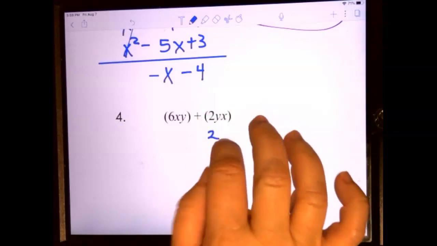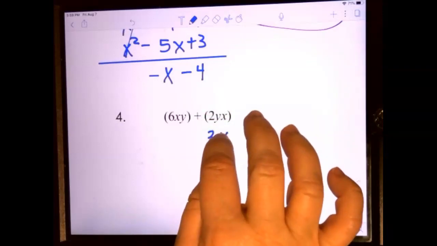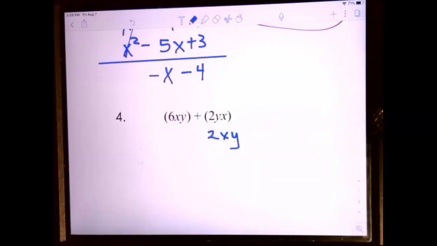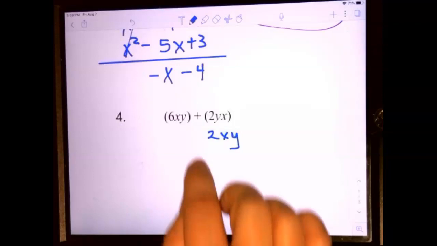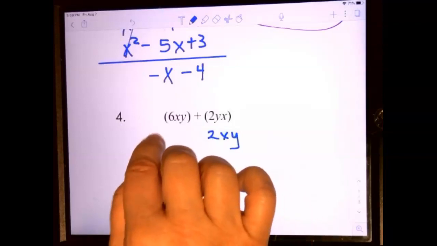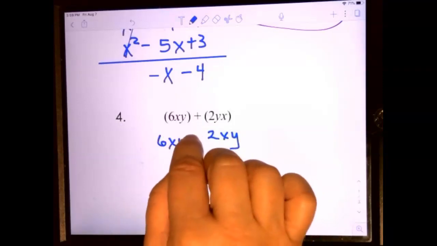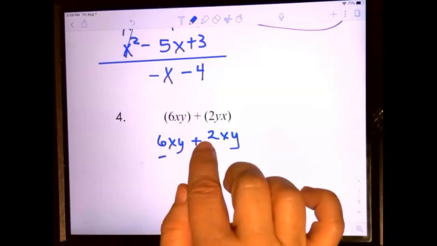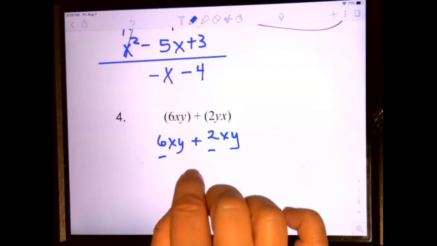Because that's what this means, I'm multiplying. Can I multiply 2 times x times y instead of 2 times y times x? And now they look the same. So 6xy plus 2xy, add my coefficients, and I get 8xy.